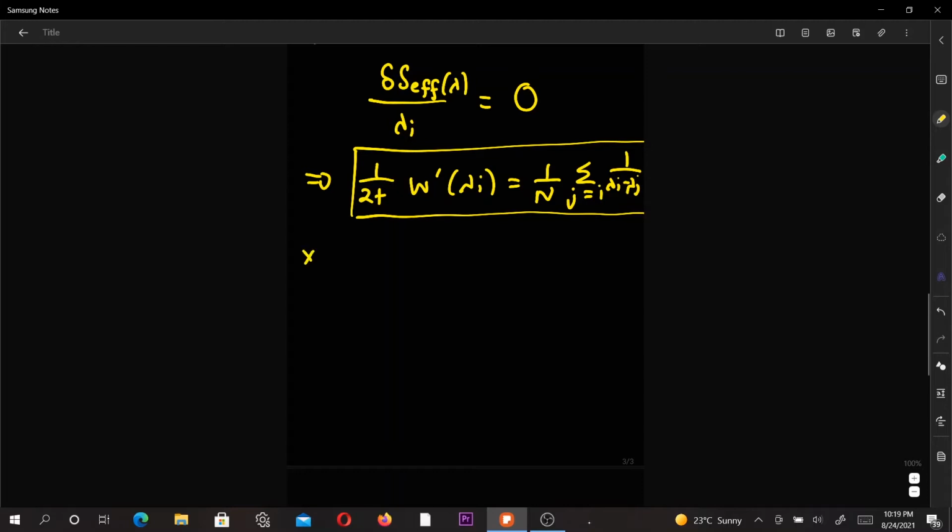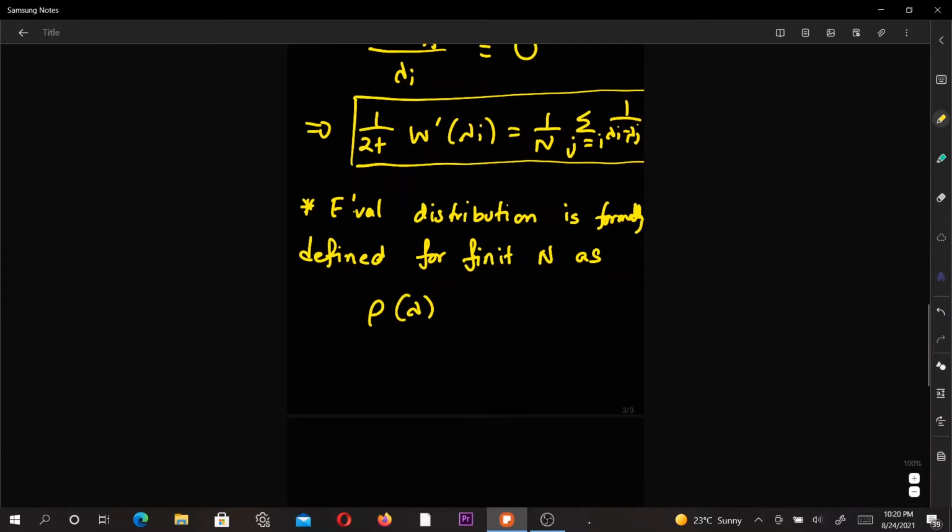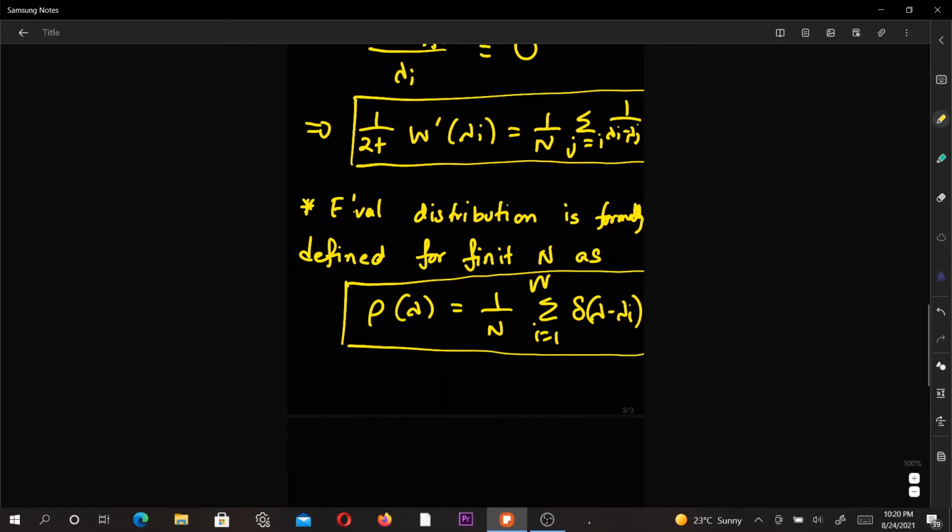Previously, if it wasn't the n goes to infinity limit, the distribution is formally defined for finite n as delta of, this is how we define an eigenvalue distribution or a distribution like that.